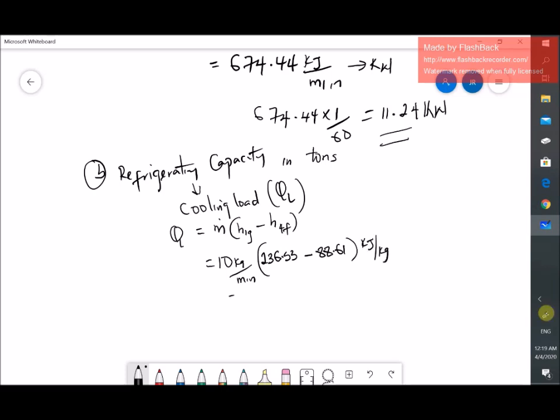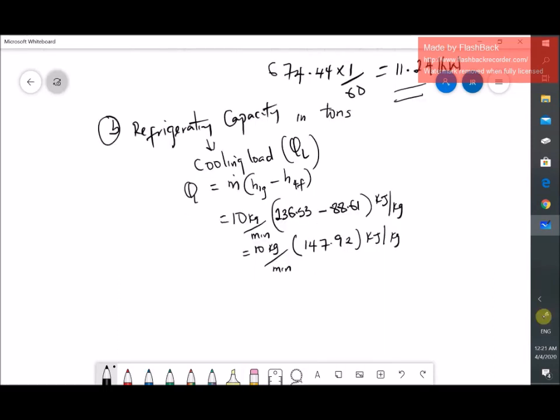So we have 10 kilogram per minute times 236.53 minus 88.61, which gives us 147.92 kilojoules per kilogram.